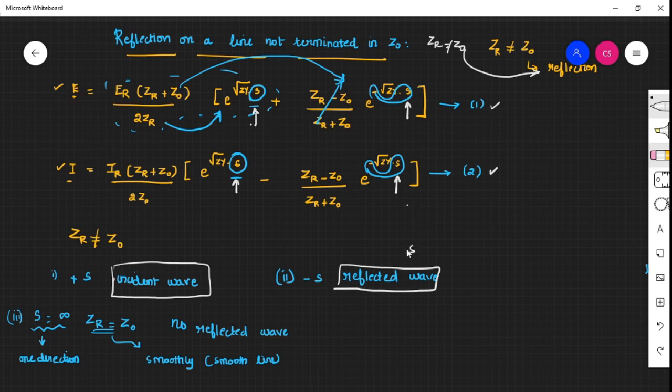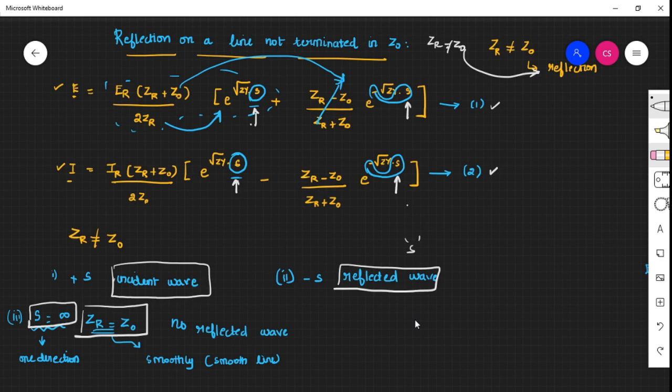We know that S is the distance, and this reflected wave exponentially decreases as the distance increases. In case of an infinite line, when the length of the line or the distance is infinity, or in other words when the impedances are properly matched, there will be no reflection. So when there is proper matching, there will be no reflection.